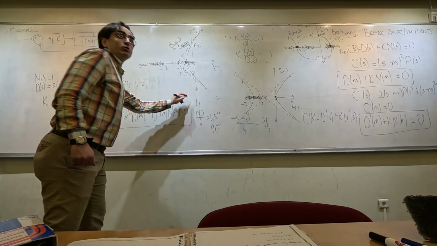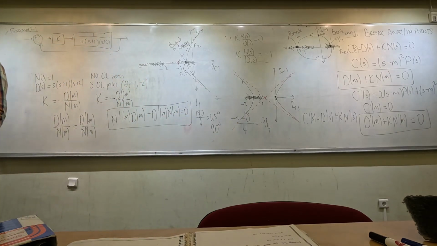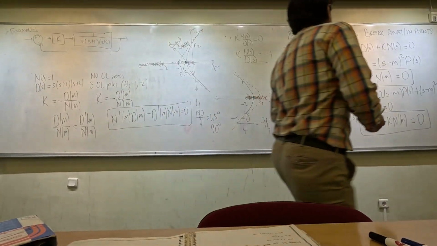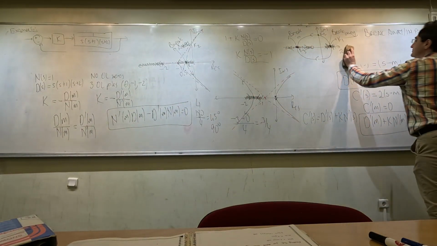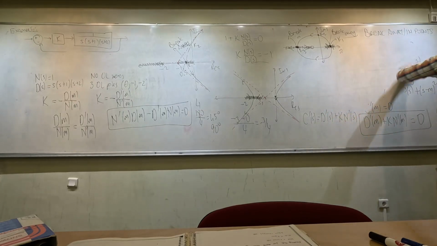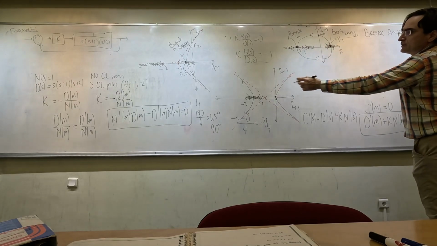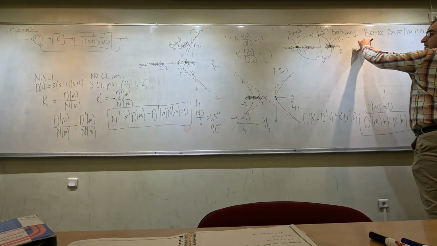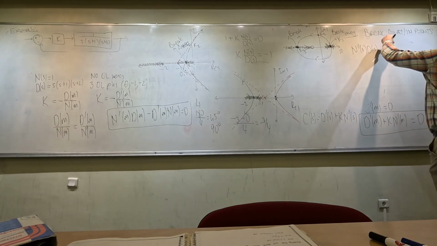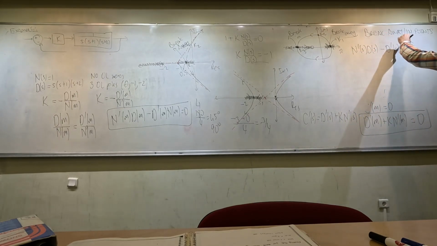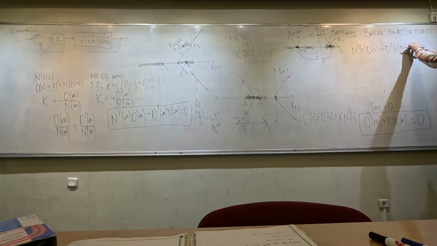Okay? This is the equation characterizing the breakaway or break-in points. So if I can calculate the polynomial n prime of s, d of s, minus d prime of s, n of s is equal to 0, I know that my breakaway or break-in points will be a root of this polynomial.